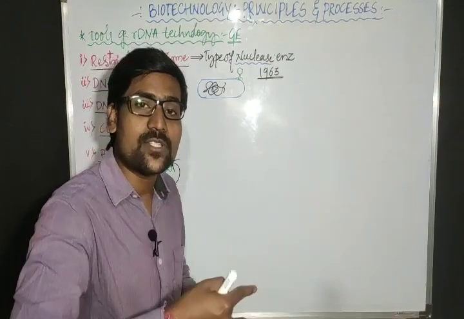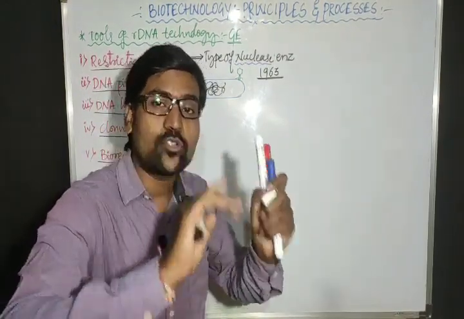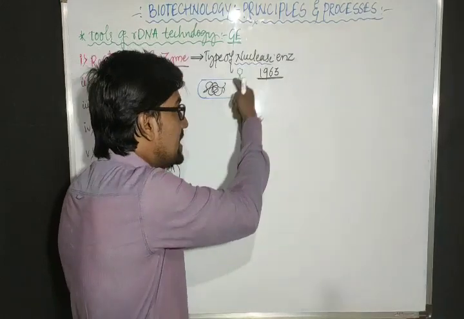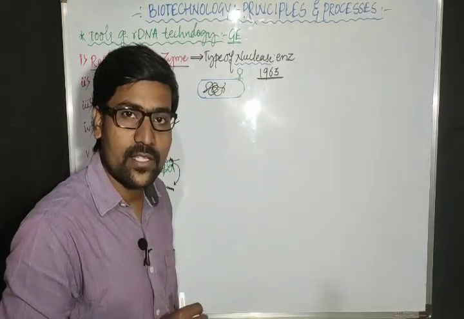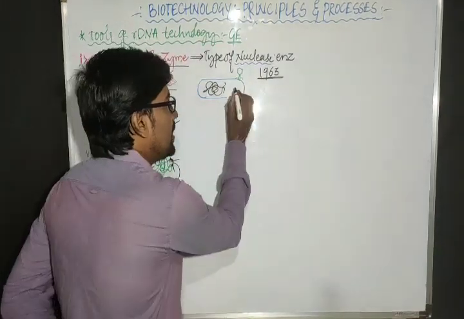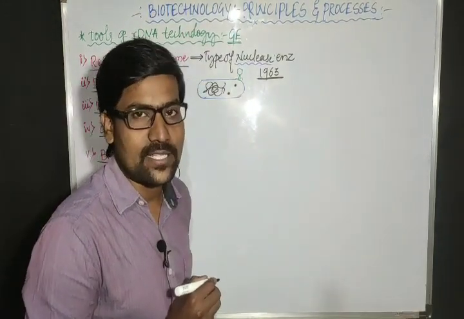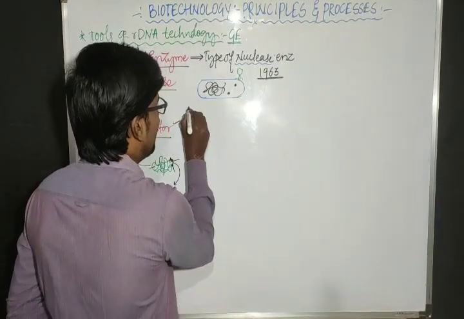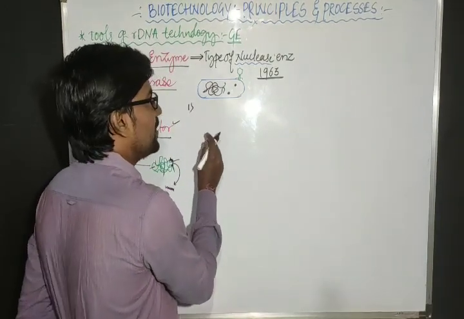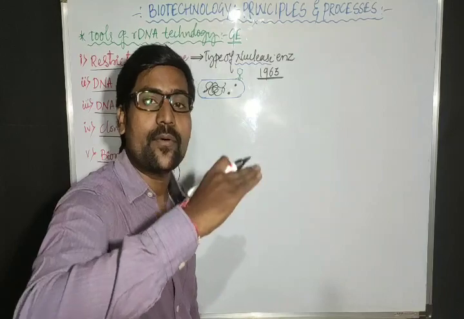Which molecule is responsible for restricting the growth of the bacteriophage? They started observing. So here, they specially observed two types of enzymes inside the E. coli cells. The first type of enzyme restricted the growth of the bacteriophage.